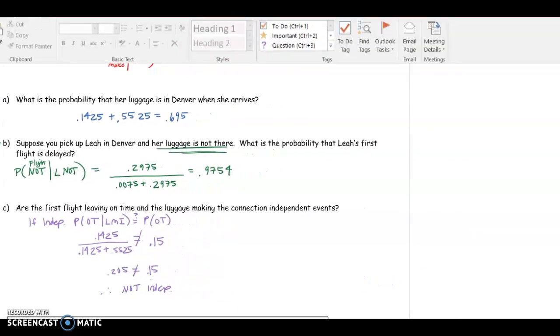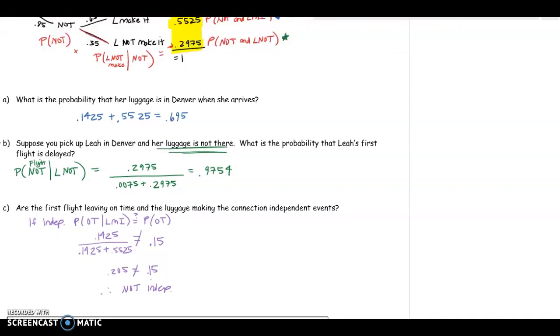And then I'm going to do the other side of this. You do not have to do both sides, but let's try. The other one would look like this. If independent, the probability that her luggage makes it given on time would not be impacted if they were independent, whether or not it was on time, so it would just equal luggage make it. And I'm going to put these numbers in and see if this makes sense to you.